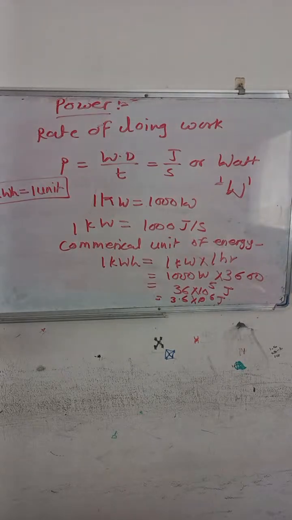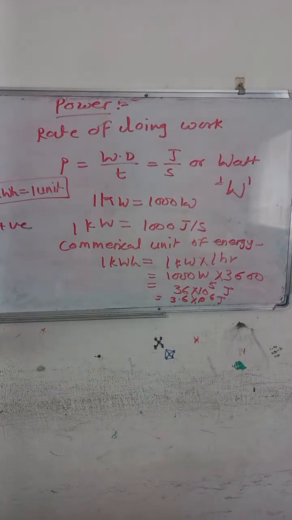The body is freely falling under the gravity, so the work done is positive. So option A is the correct option. I will repeat the question: when a body falls freely under gravity, the work done by gravity is positive. Getting this? Okay, next question.